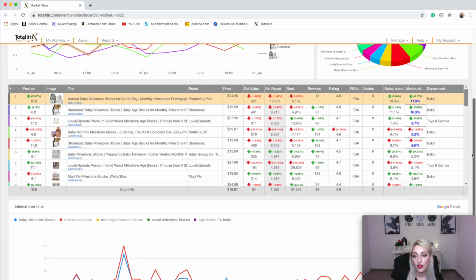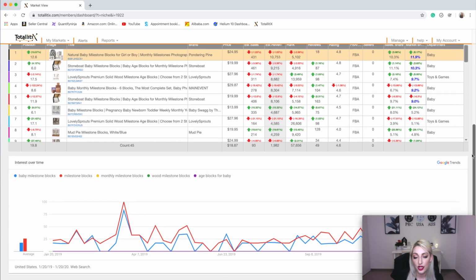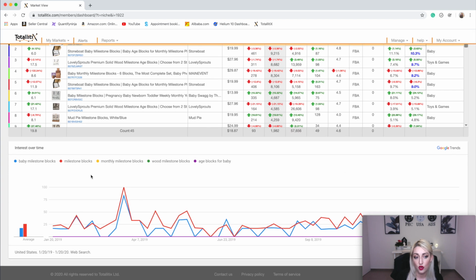Over here, it also shows you Google Trends for the specific time frame that you're looking at. I can see that this is for the last year. Remember how I told you guys that maybe this is just a trend that's just starting, like maybe it isn't a huge thing right now.